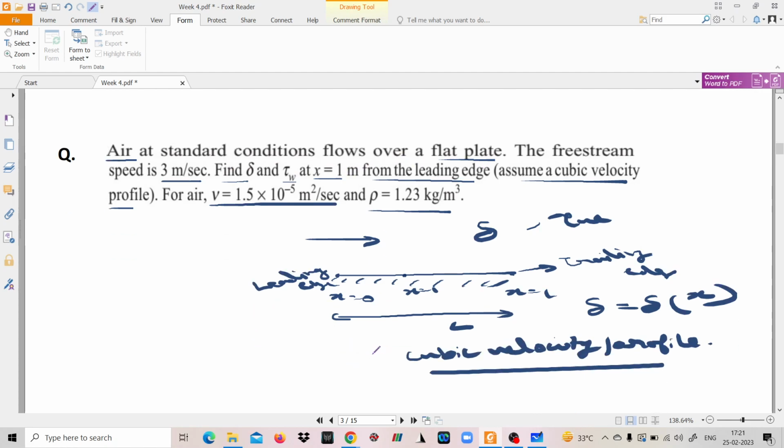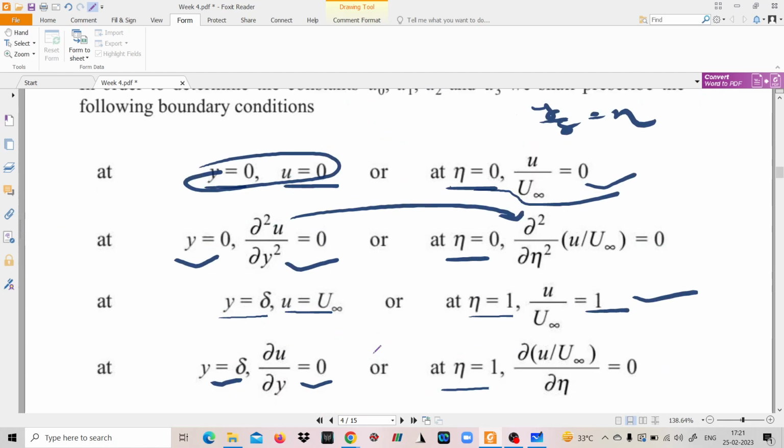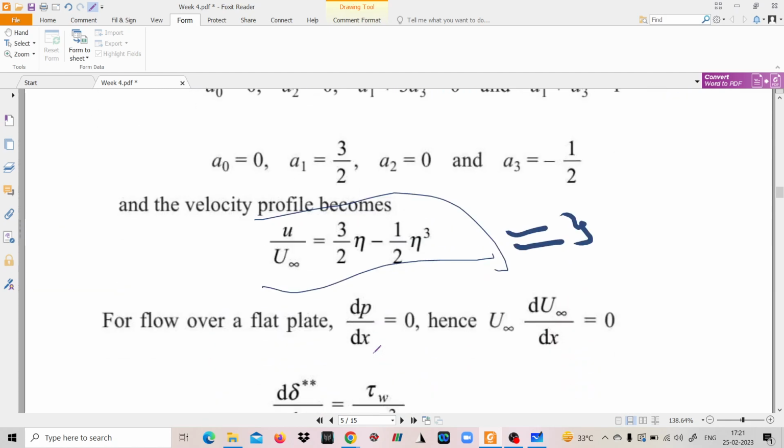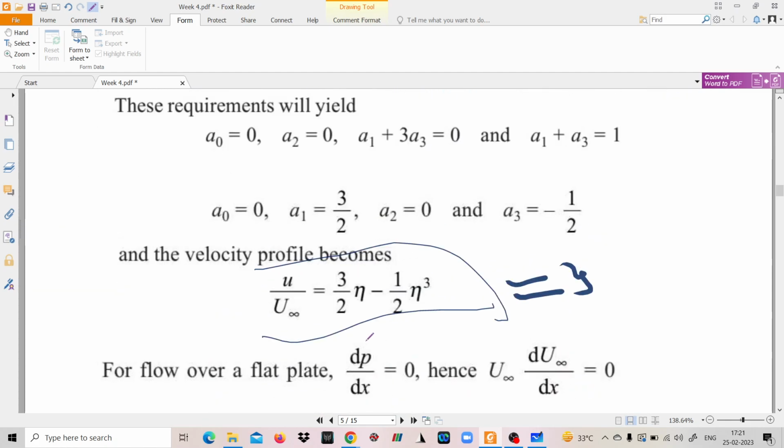Okay, so we'll make use of the von Karman momentum integral equation. Since the flow is taking place over a flat plate, we can consider that the pressure gradient is equal to 0, or the pressure is constant over the entire plate. Since there is no curvature, all the points lie in the same plane.